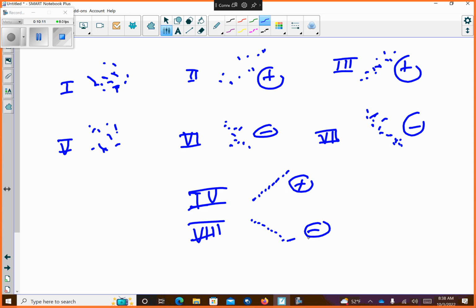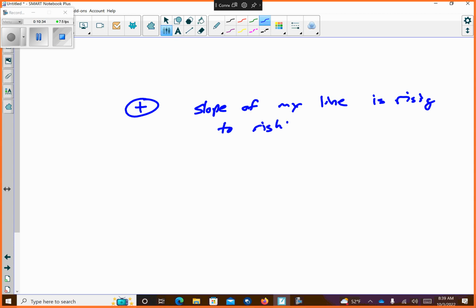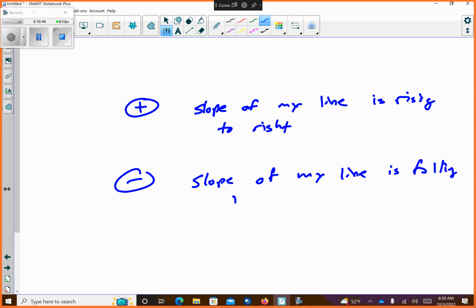So the positive and negatives mean you're talking about the slope. If you saw something that had a strong positive, this would mean the slope of my line is rising to the right. Negative slope, the slope of my line is falling to the right.